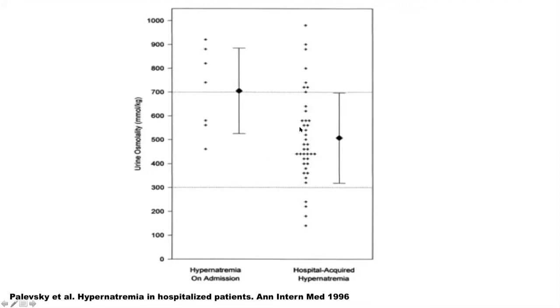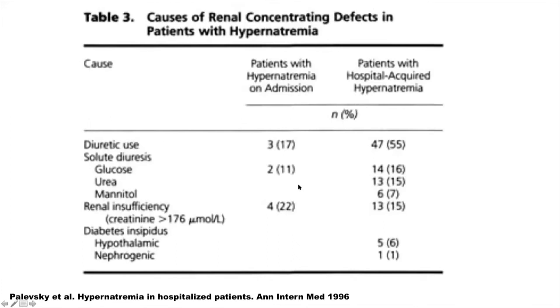But the patients that developed hypernatremia during hospitalization, in fact, some of them actually had, by their definition, diabetes insipidus, but as you can see, poor renal concentrating ability. So what were the contributing factors to this poor concentrating ability in the hospitalized group that developed hypernatremia during hospitalization?